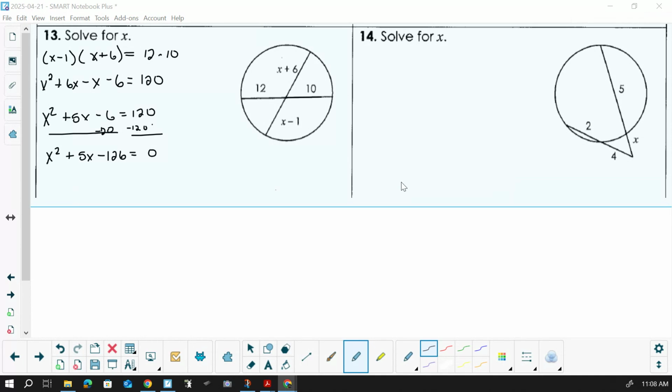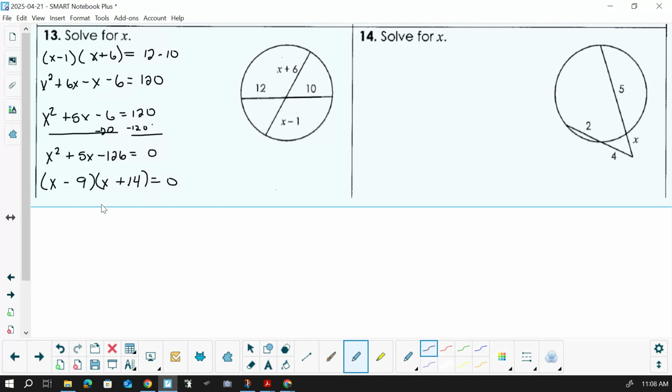If you factor this correctly, it would be this. X. And for the 126, we're going to do 9 times 14. And to get this to work out right, we're going to do plus 14. We're going to do minus 9.